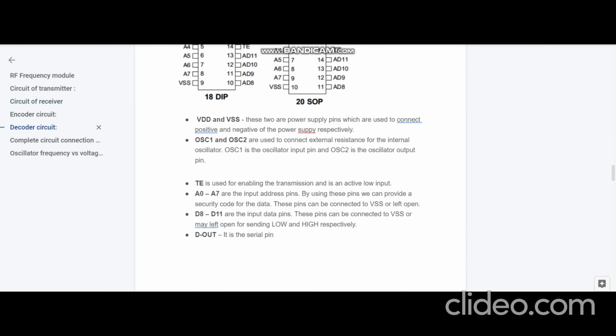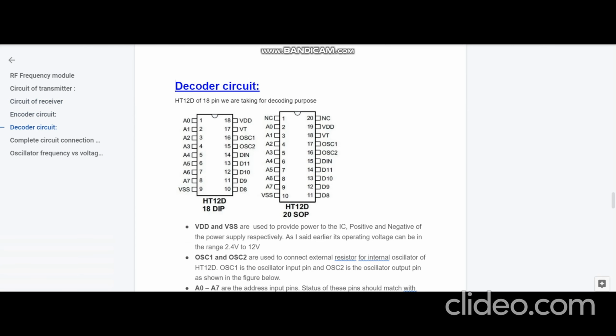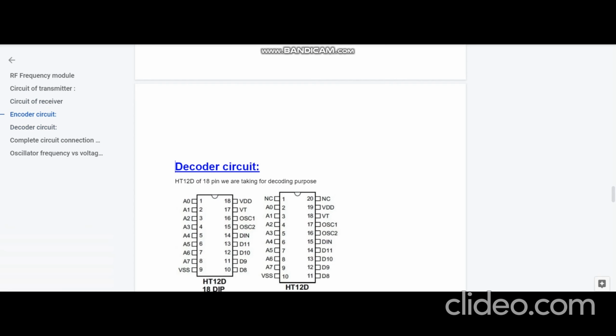Decoder circuit. ST12D, an 18 pin IC, we are taking for decoding purpose. VDD and VSS are used to provide power to the IC, positive and negative of the power supply respectively. As I said earlier, this operating voltage can be in the range of 2.4 volt to 12 volt.